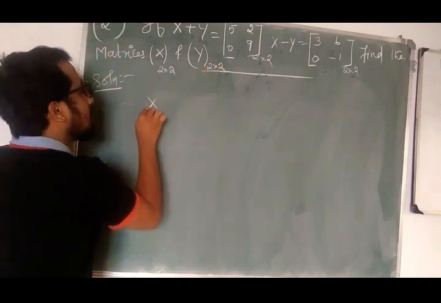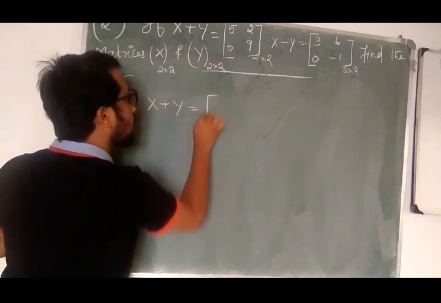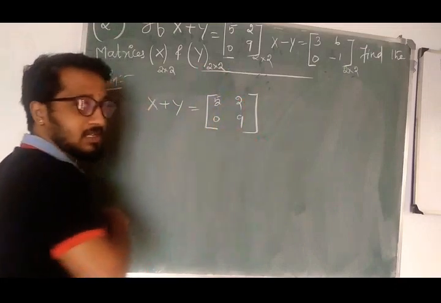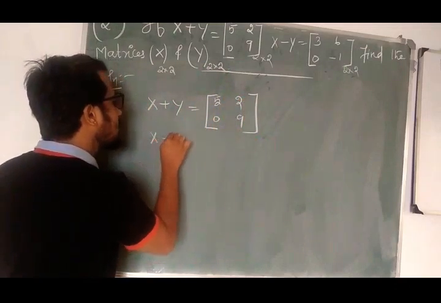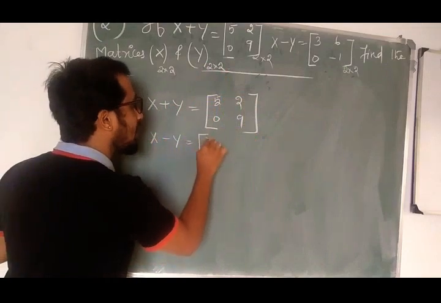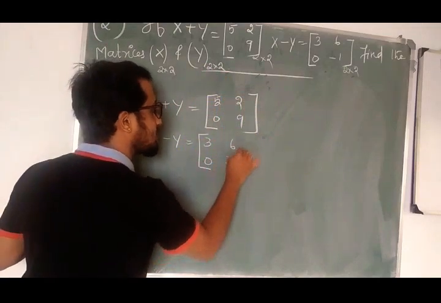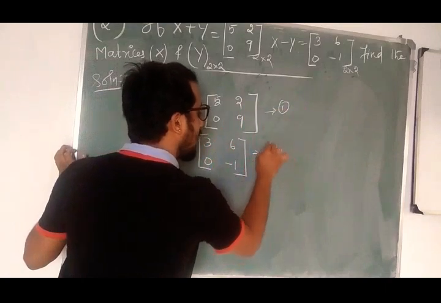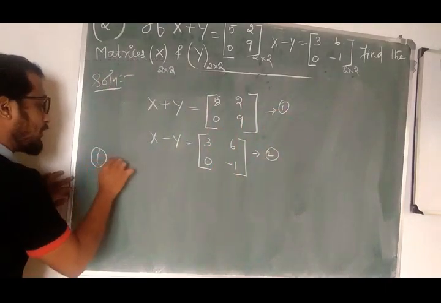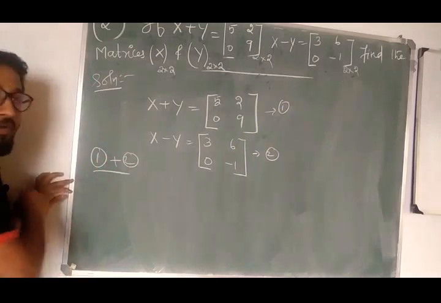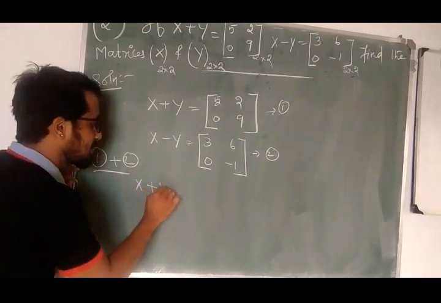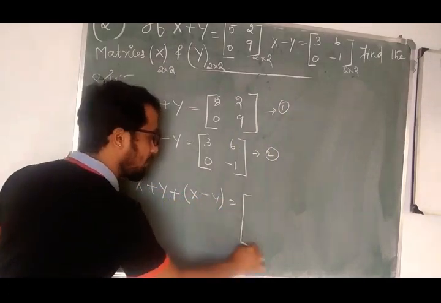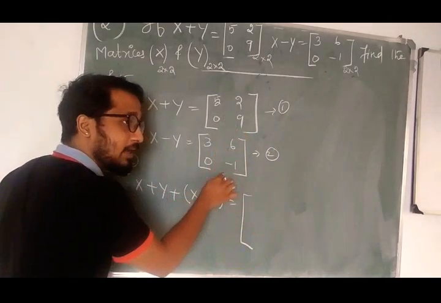Now, x plus y is equal to [5, 2; 0, 9], that is given, and x minus y is equal to [3, 6; 0, -1]. This is equation number 1 and this is equation number 2. Adding 1 and 2, that is x plus y plus x minus y is equal to... Can we add these two matrices?